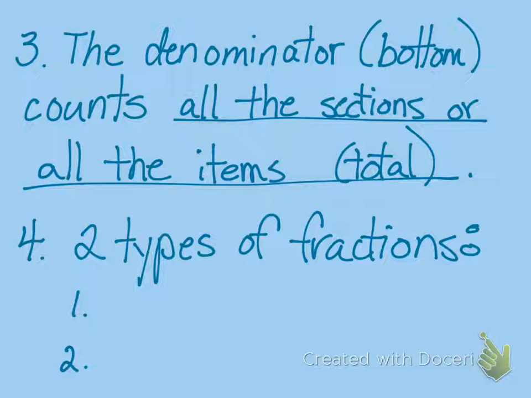Now, we've already talked about this a little bit in the previous questions, but there are two main different types of fractions. And I don't want to see numbers here. We've looked at doing fractions two different ways. So I'm just going to leave it there. Pause the video and see if you can think of the two main different types of fractions.